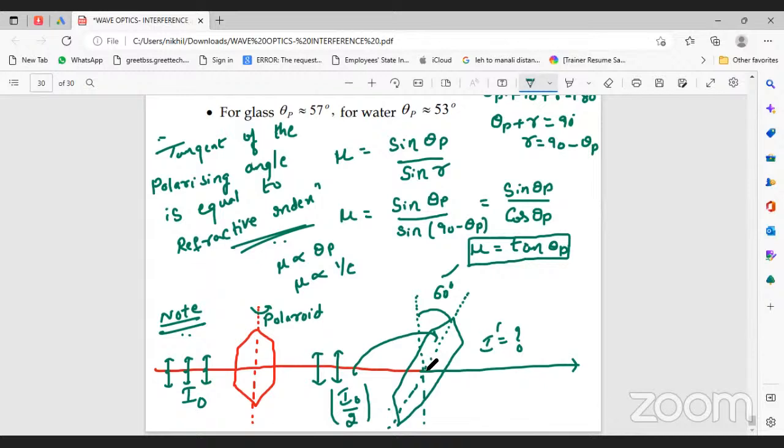Which is the incident one? I naught by 2, sir. Incident is I naught by 2 into cos squared theta. What is theta? Theta is 60. What is cos 60? 1 by 2. 1 by 2 squared is 1 by 4. So I naught by 8. So the intensity will become I naught by 8.